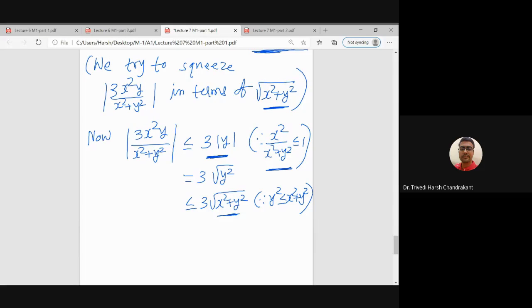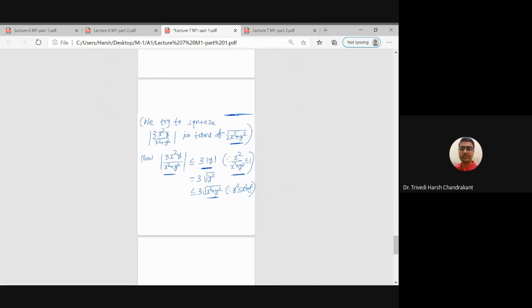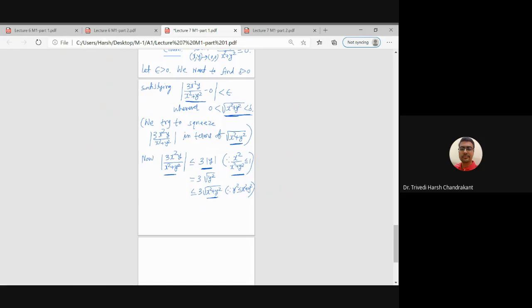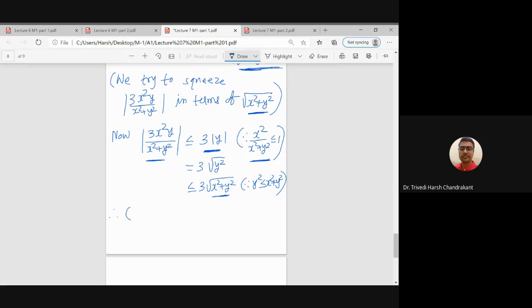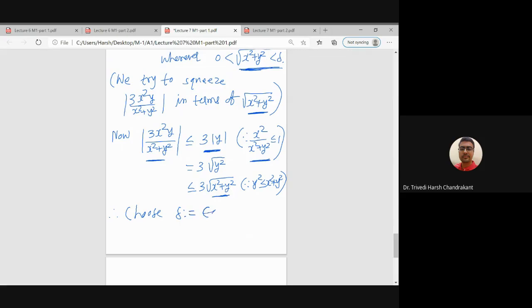So if we choose our delta to be epsilon by 3, then this quantity will be less than epsilon, because finally what we want is modulus of 3x square y divided by x square plus y square to be less than epsilon. So that is the reason we can choose delta to be epsilon by 3. So therefore, choose delta to be epsilon by 3.